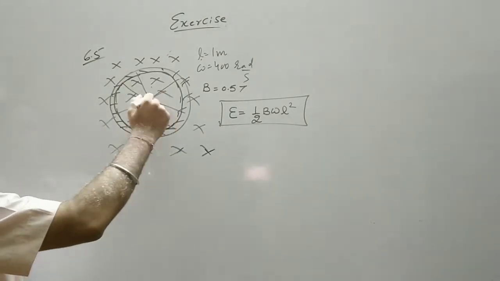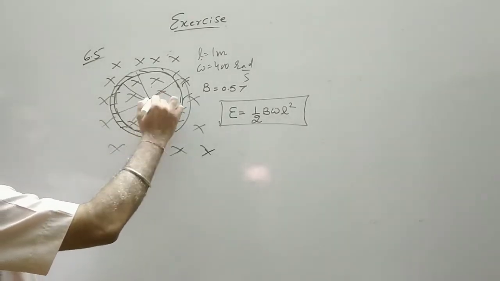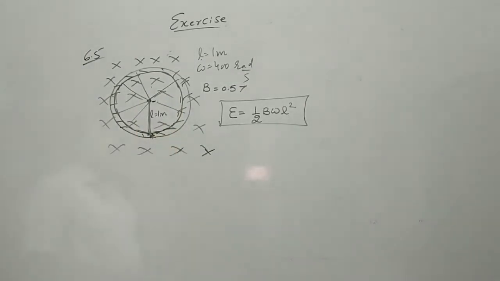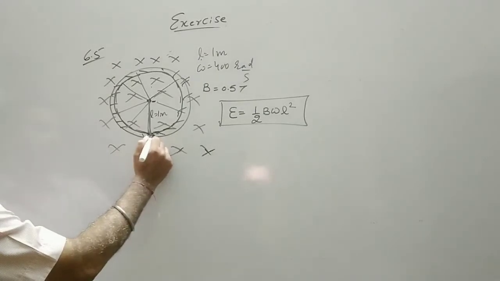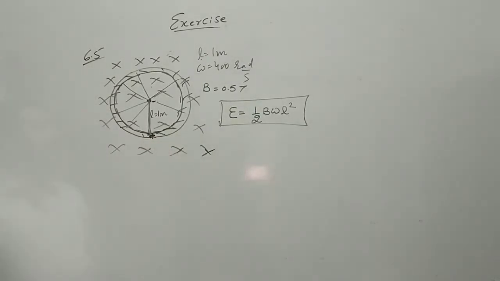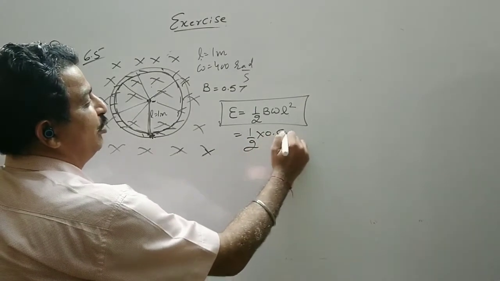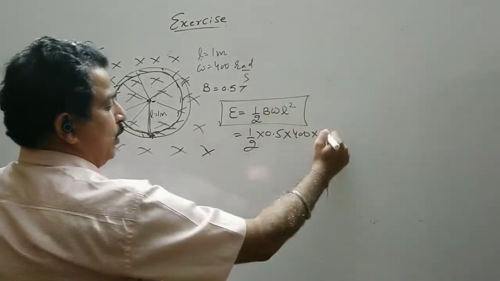In our example, we found that the center behaved like the negative and the rim of the wheel behaved like the positive terminal of a battery. So you substitute all these values, half into 0.5 into 400, and L is 1, square is 1.